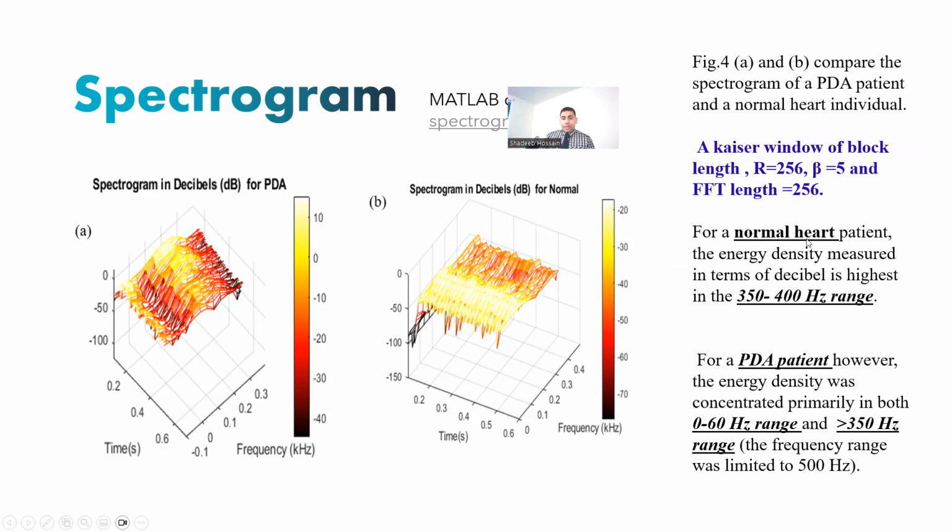For a normal heart patient, the highest energy density was observed between 350 to 400 hertz, whereas for a PDA patient, the energy density was more in the 0 to 60 hertz range, and for anything greater than 350 hertz.